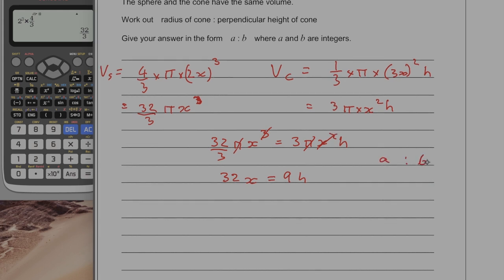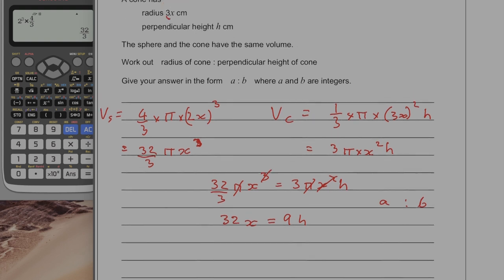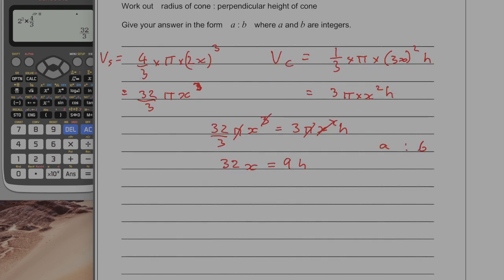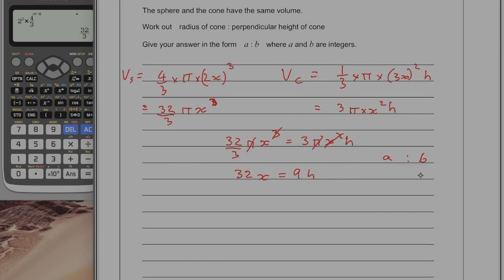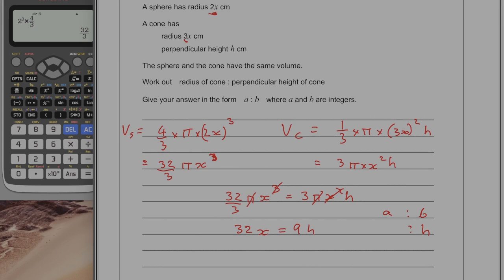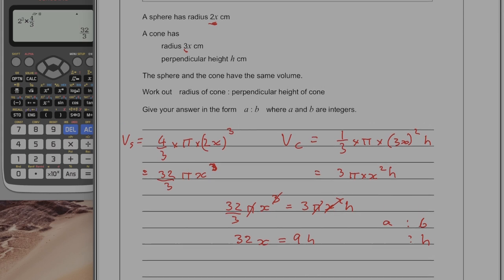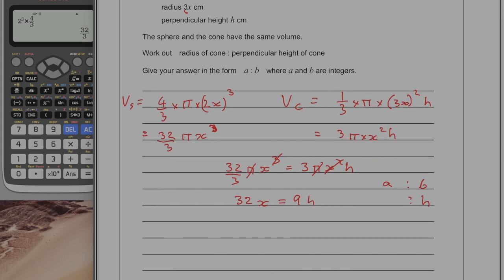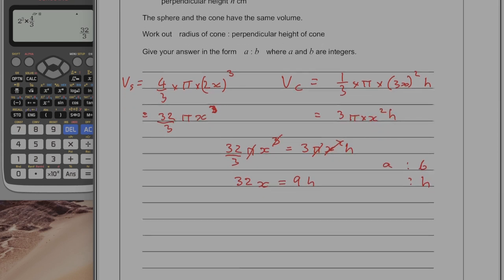So a and b, where b is h, perpendicular height, so h, but a is 3x. Radius of the cone. Radius of the cone is 3x.